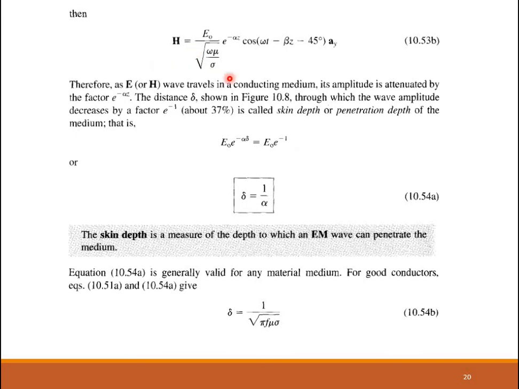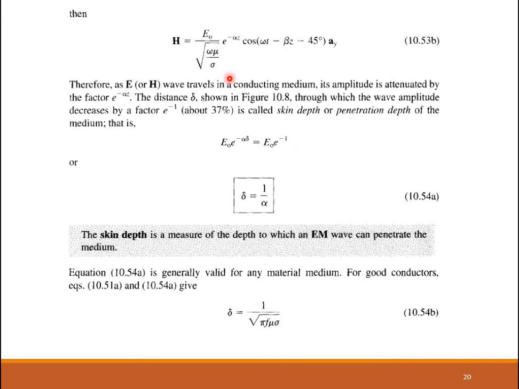So till this point, let me just summarize whatever we have discussed in this lecture. We started with deriving the general vector Helmholtz equation, that is the wave equation in phasor form. That is applicable for any medium. So when you're asked to derive the wave equation in phasor form, you can derive that.